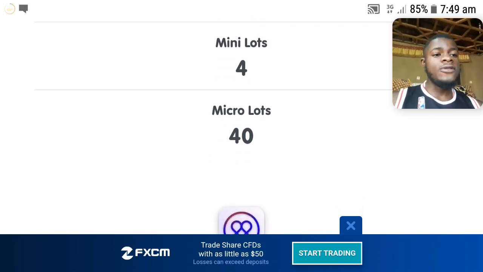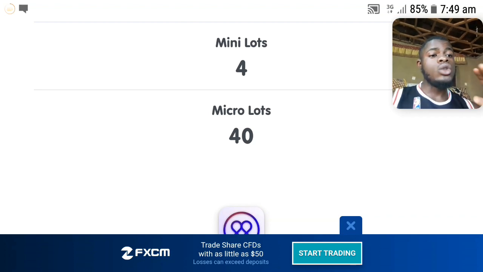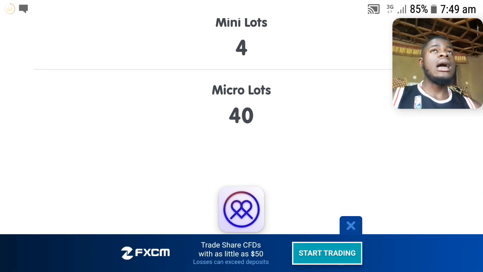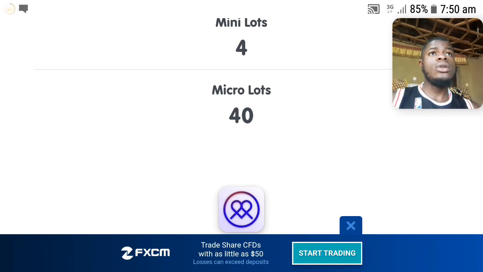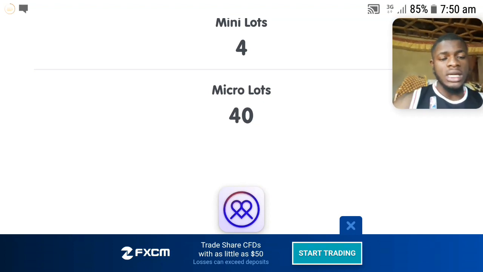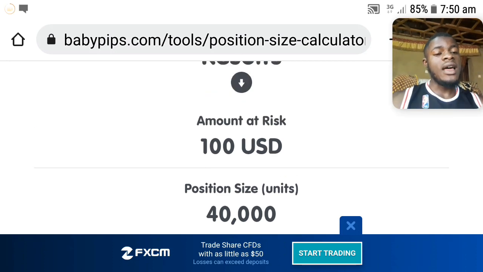If I'm risking 2% per trade, I'll be using 40 micro lots on a 25 pip risk. That means I'll stack 1 micro lot 40 times, and it should give me approximately 25 pips of risk. And that is how I'm going to be risking 2% on a $5,000 account.